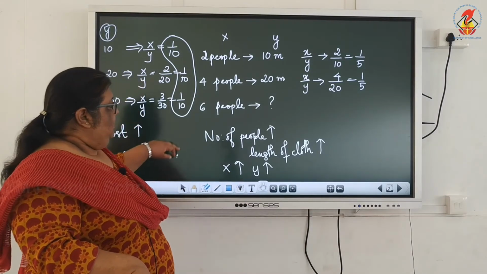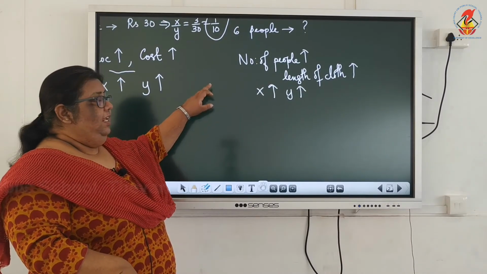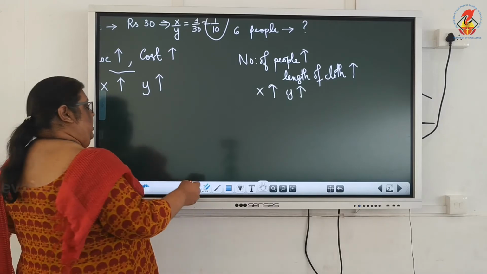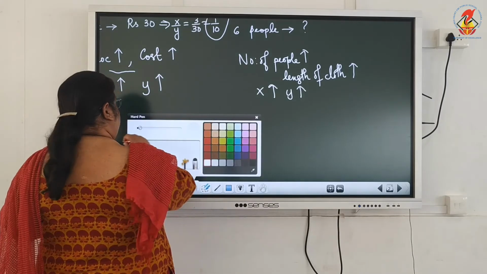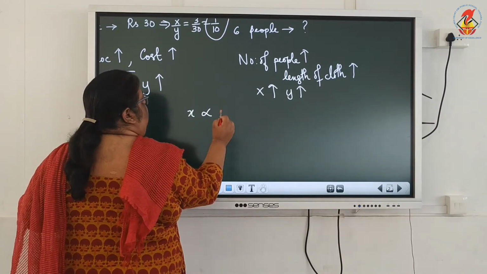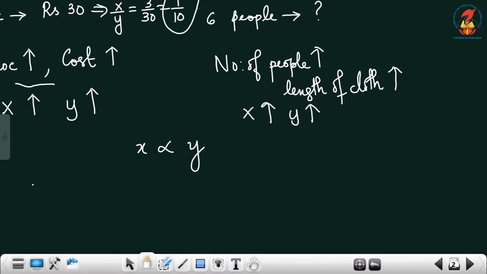So if x and y are any two quantities or any two variables, and if one increases, the other also increases, then I can say x is directly proportional to y, or x equals k into y, where k is a constant.